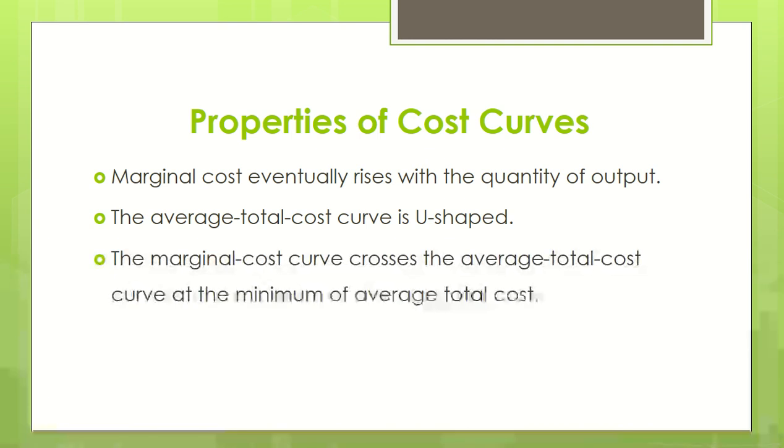So the U-shaped average total cost reflects the law of diminishing marginal returns.